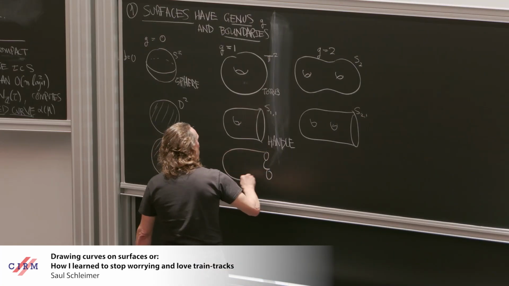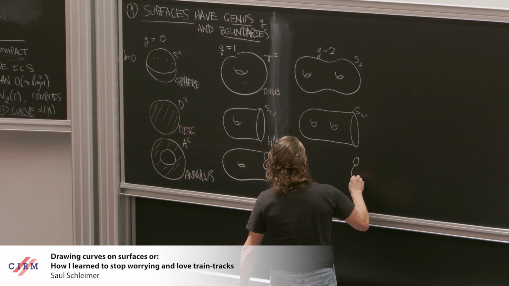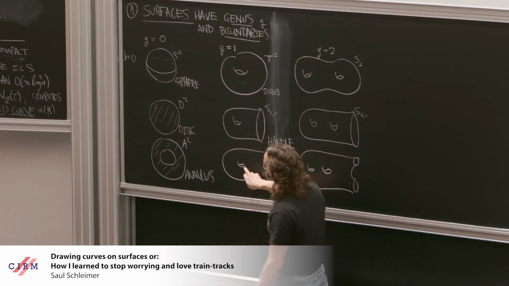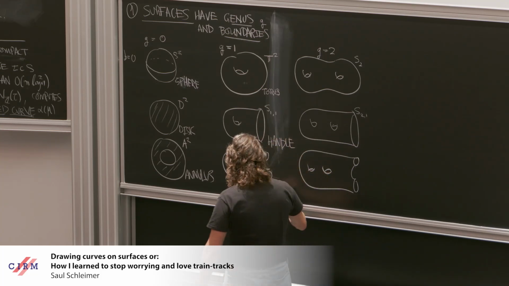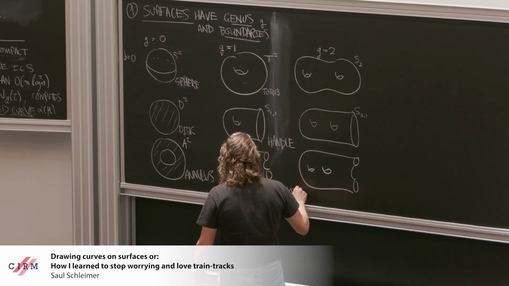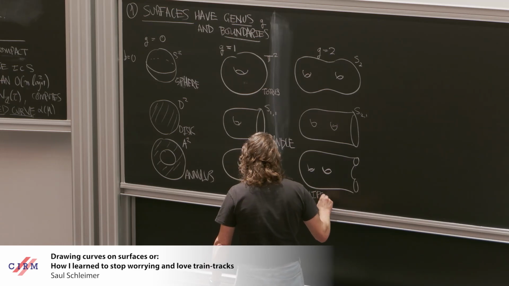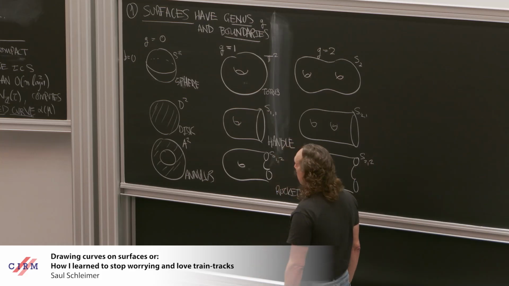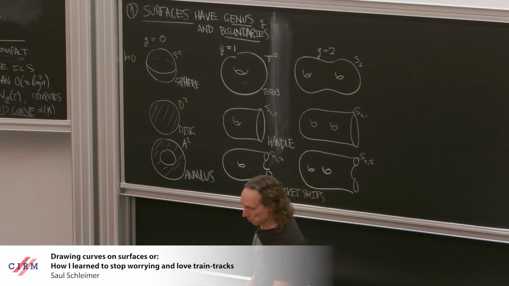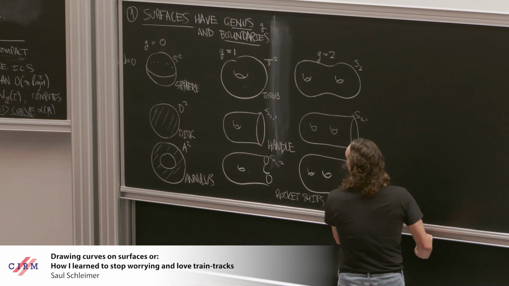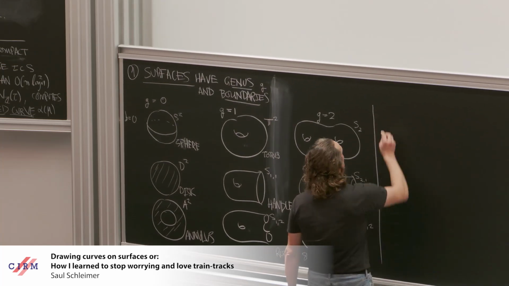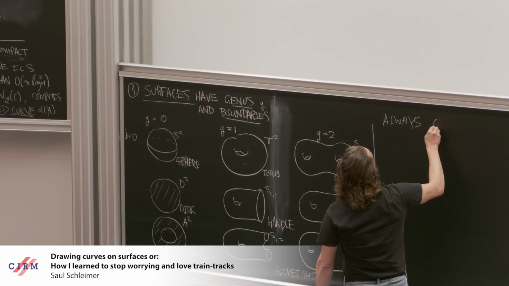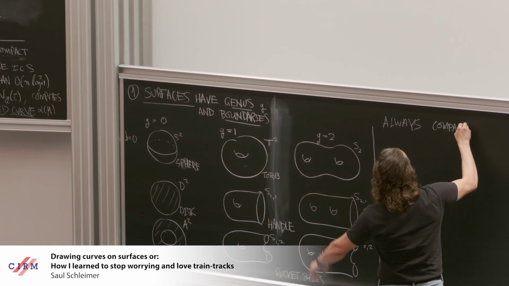The naming schemes are a bit random for the higher genus and higher number of boundary components. So these are portholes in like jet engines or something, rocket ships. Okay, so maybe that's enough to go on. So there are some surfaces, always compact, just repeating that.